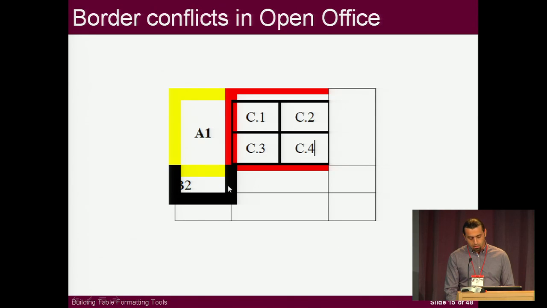That's because the border space is taken from the inside of the cell, and that's why it overlaps over B2 here. And also it's a bit inconsistent because it seems like cell B2 has priority over cell A1, but only for the left and right borders, not for the top one.